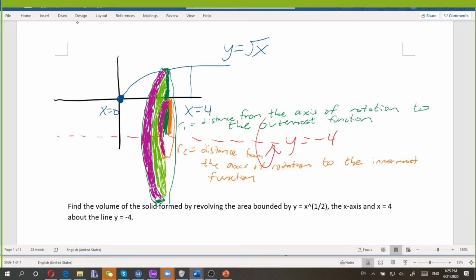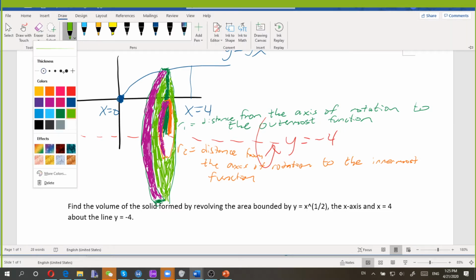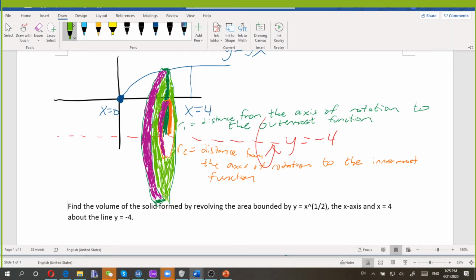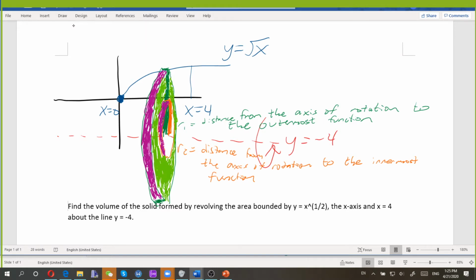Whew, this is a lot to shade in. And one smaller disk that we're cutting out of it. Good enough that it doesn't look see-through.